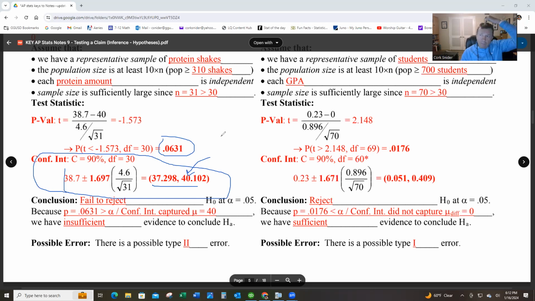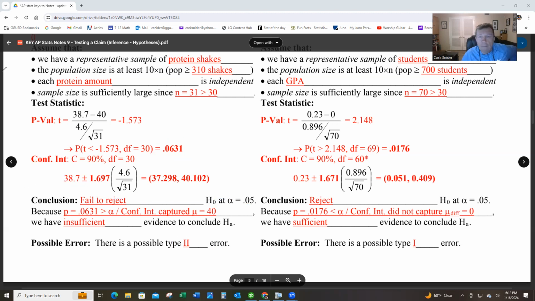It could still be 40, even though in this set of 31 samples, the average was 38.7. It could just be one of those things that happened. This is a fail to reject because the p-value is greater than alpha right here. However, we are running the risk of a type 2 error. Okay? All right, last one.